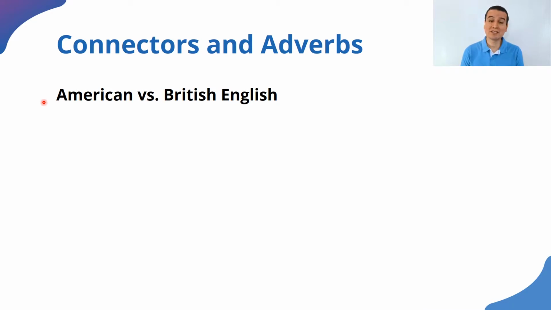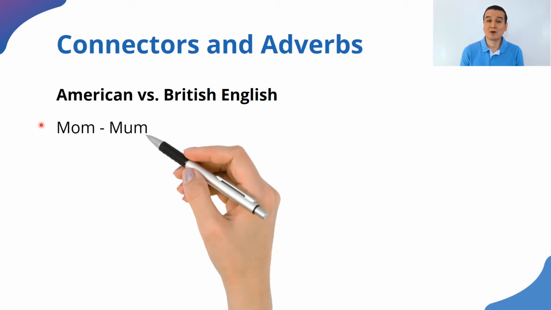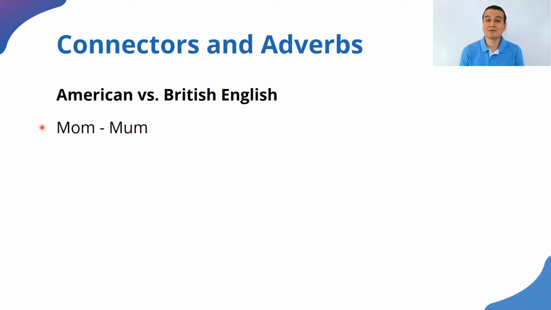For example, as you can see in the story, the person talks about his mom. Use the word mom, but mom is spelled M-O-M, right? So let me show you. He says, and didn't see his mom or anybody, M-O-M. Well, in American English, it's spelled M-O-M, but in British English, it's spelled M-U-M.